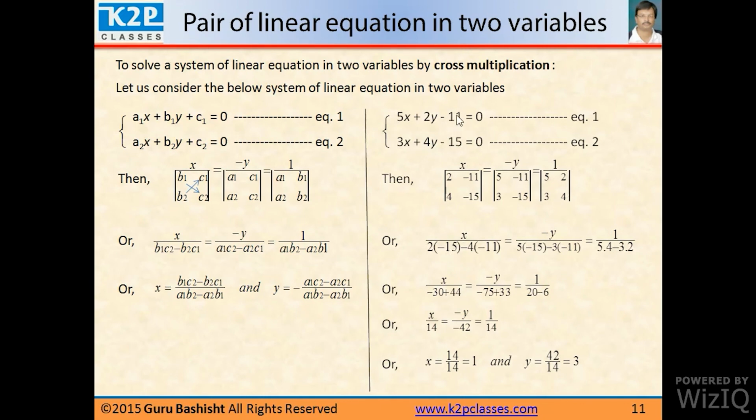So x = 1 and y = 3. If you put these values of x and y in the two equations, we will see that they satisfy the equations. So x = 1 and y = 3 is a solution of the given two equations.